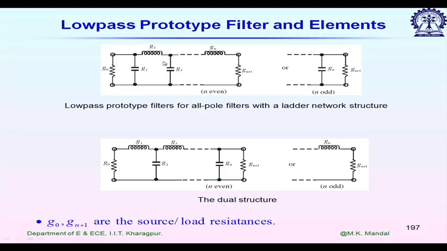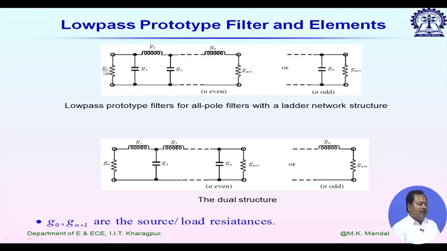In the first type, a basic pi type, you can see two capacitors separated by one series inductor. Now, these elements are usually represented by their normalized values, which we simply call G parameters, G1, G2 to G3. If n is even, then the last element will be one inductor, and if n is odd, in that case the last element will be one capacitor.